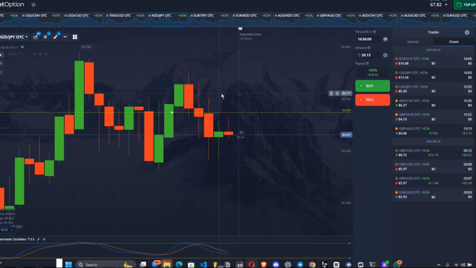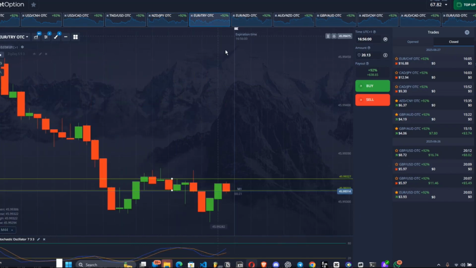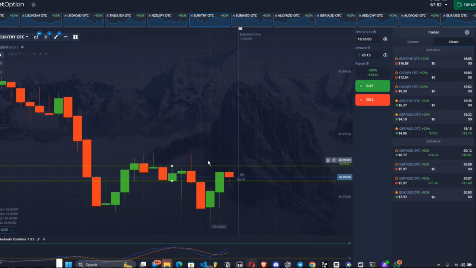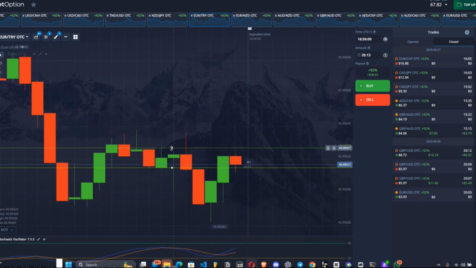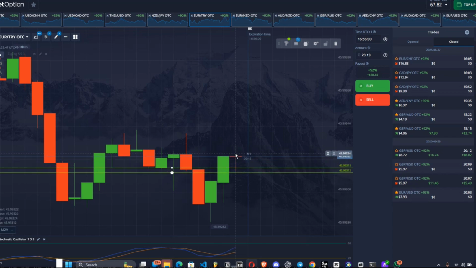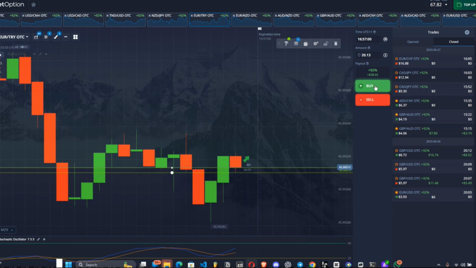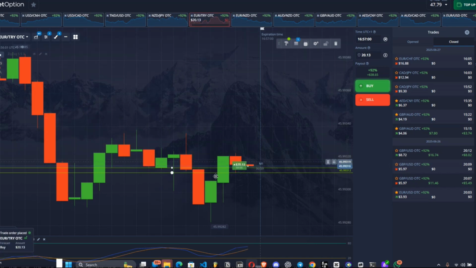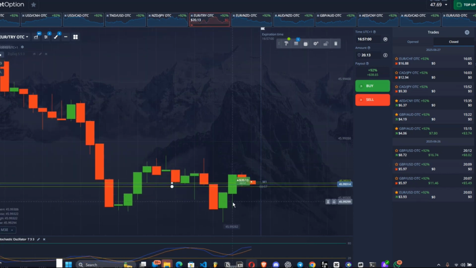Now I'm back after taking a 15 minutes break, and I've seen a promising opportunity. So I want this to be a red candle. It's more beneficial if it's a red candle. So take our trade up to follow the trend.